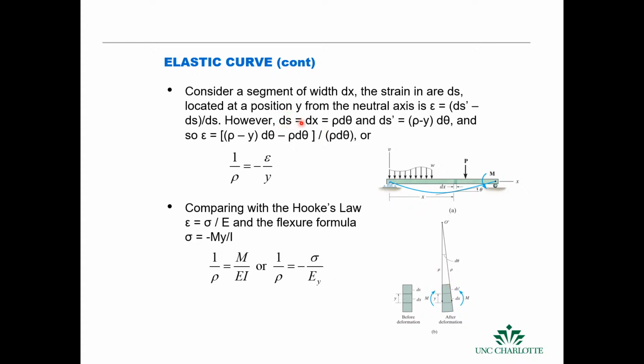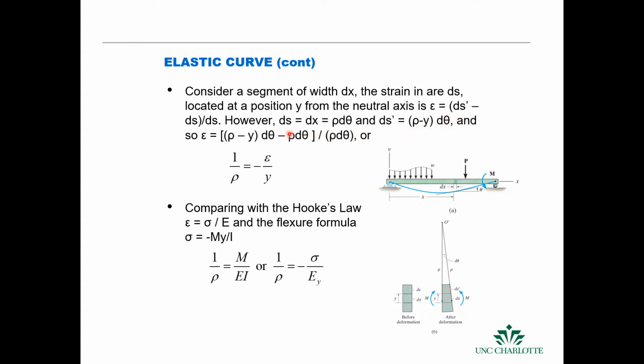So if we have ds, which is dx, that's rho d theta, where this is the curvature and this is the angle that it goes through, and that's dx. ds prime, which is the smashed version, is going to be rho, which is the distance to the neutral axis, minus y, which puts us right here, times d theta, and that gives us dx.